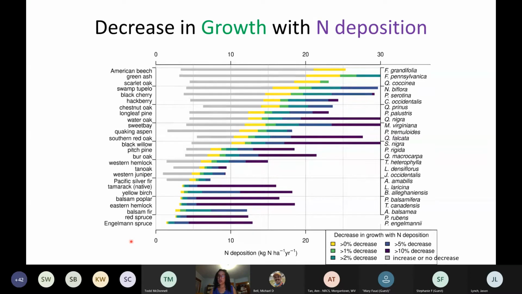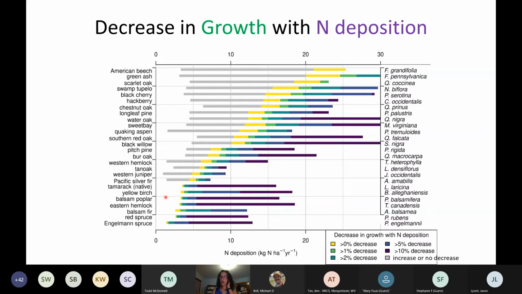And this gray means that there's no decrease in growth at this point, which means that there could be an increase, which could be a larger increase or an insignificant increase in growth. That's the part of the curve going up to the place where growth begins declining. So here we're focusing more on the detrimental effects caused by nitrogen deposition, so the colored portions of the curve.